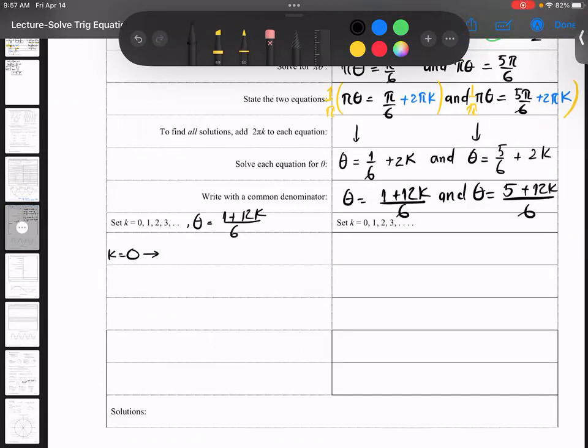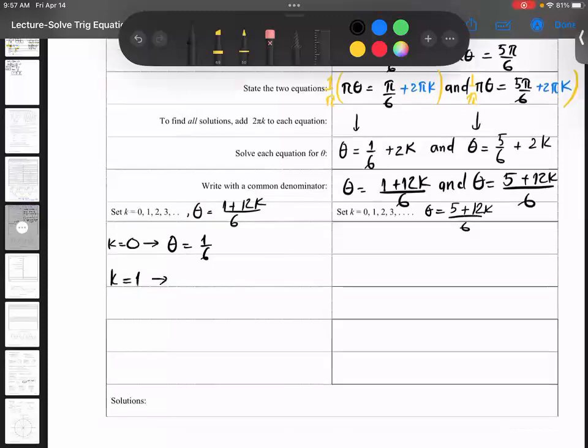When k equals 1, 12 times 1 is 12, plus 1 is 13, so 13 over 6, which is roughly 2.17.